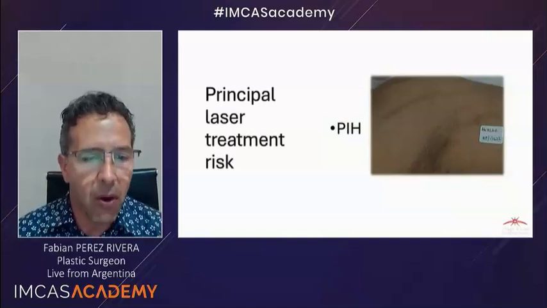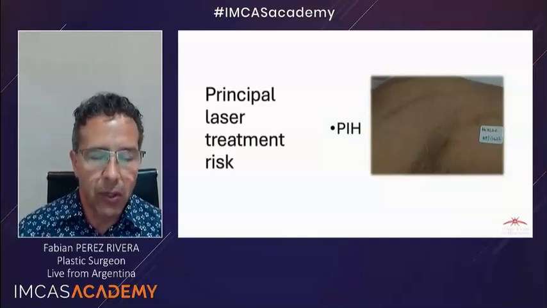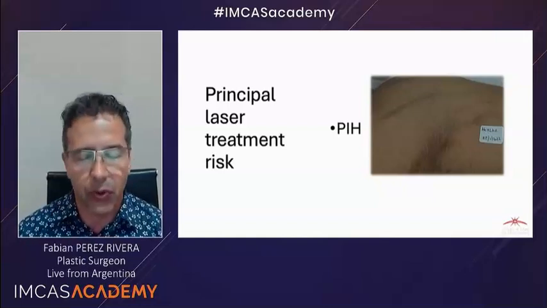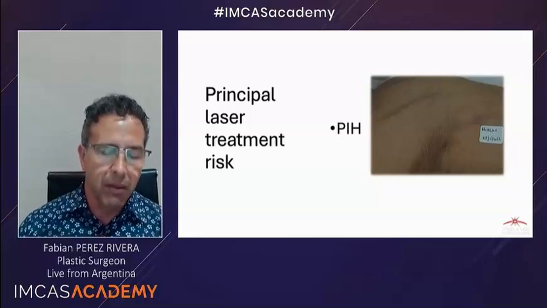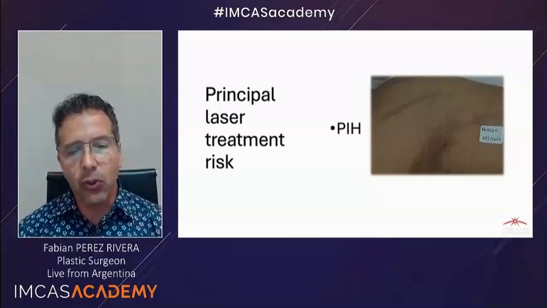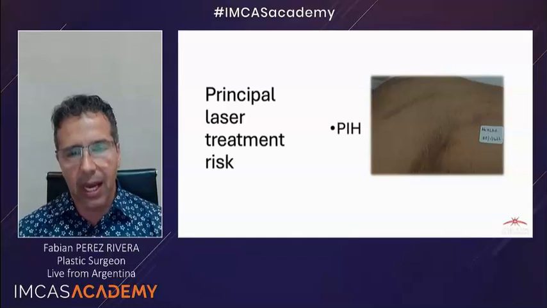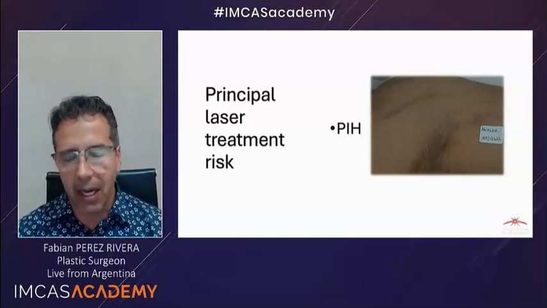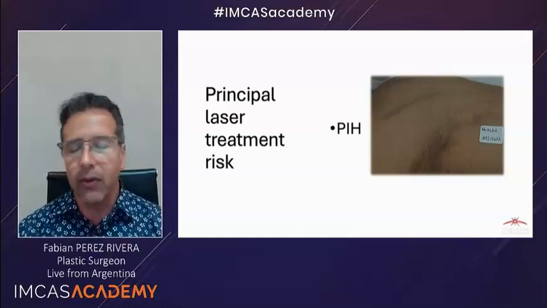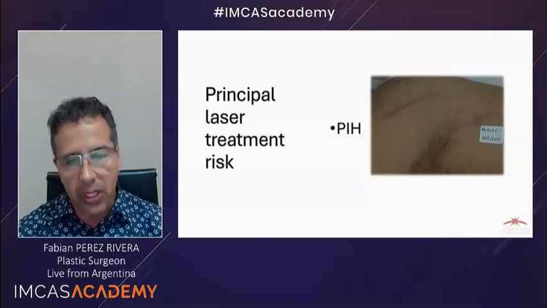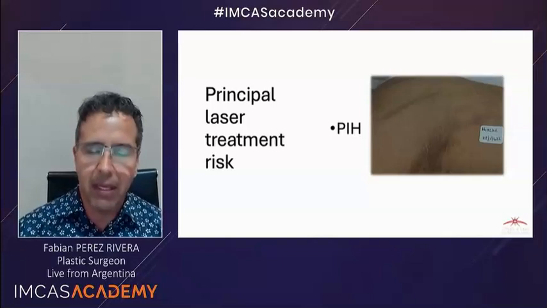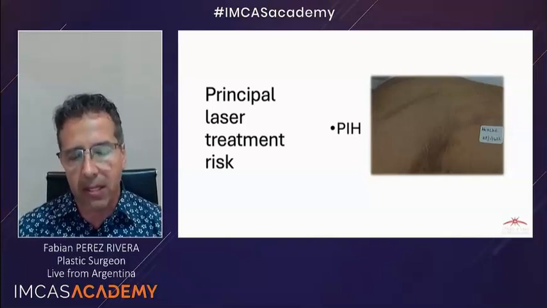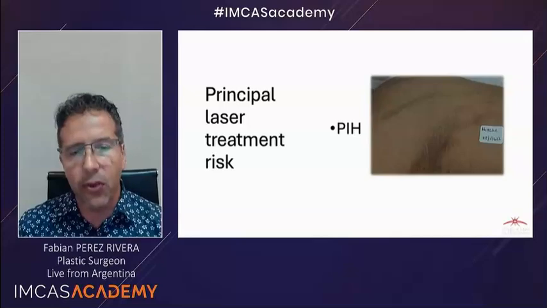The great headache of anyone starting to use a laser over these striae marks is that maybe PIH is going to appear. This hyperpigmentation due to the inflammatory reaction takes a lot of time and a lot of treatment to reduce, not less than 3 to 6 months. That's why, for me at least, radio frequency is the gold standard for the treatment of striae.